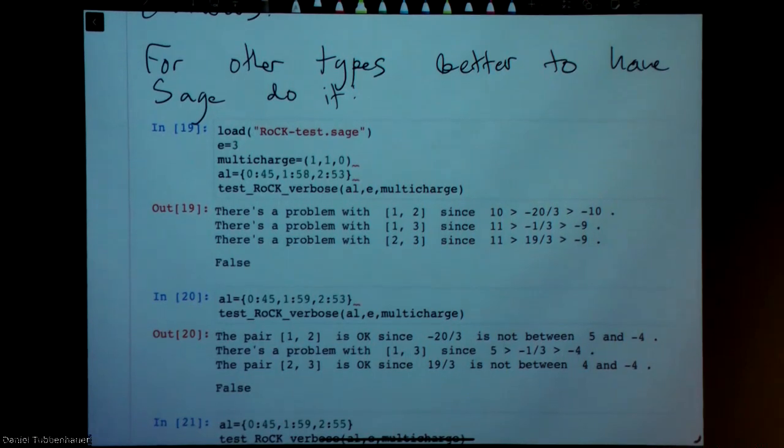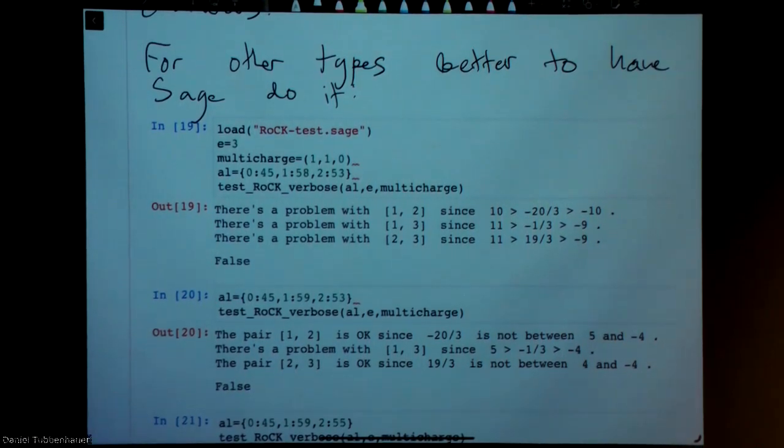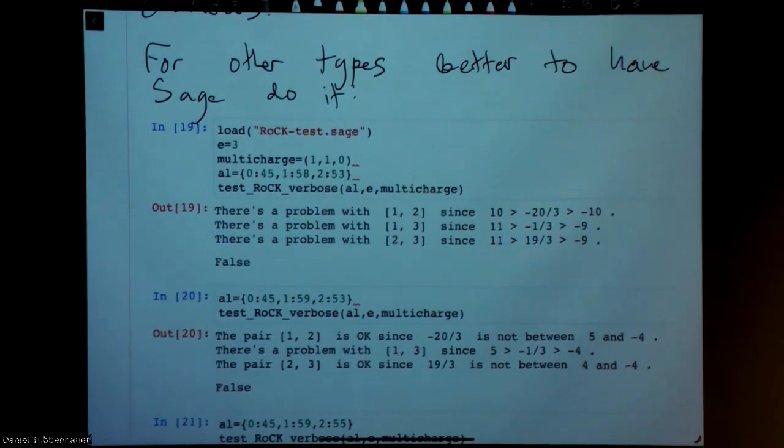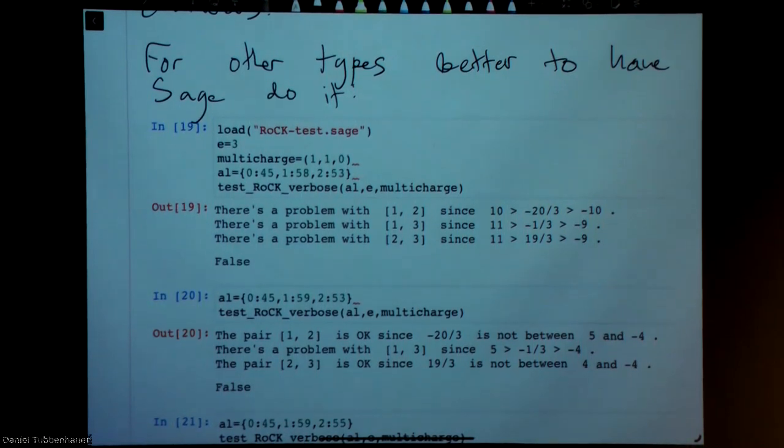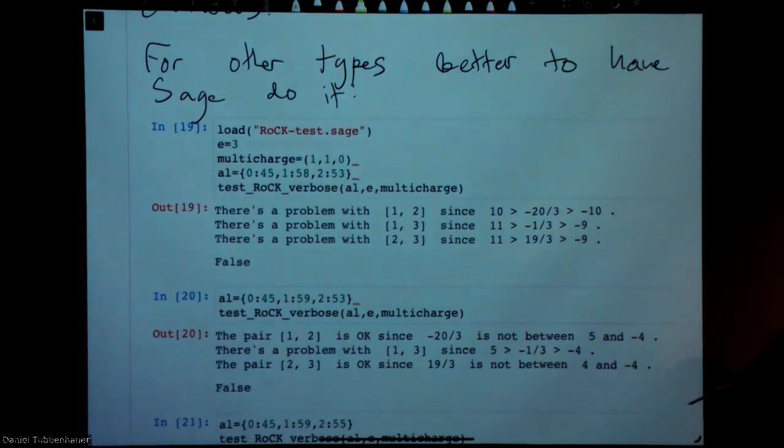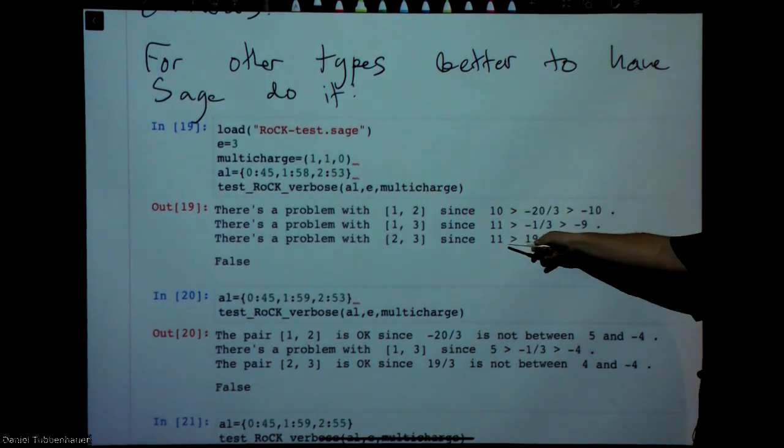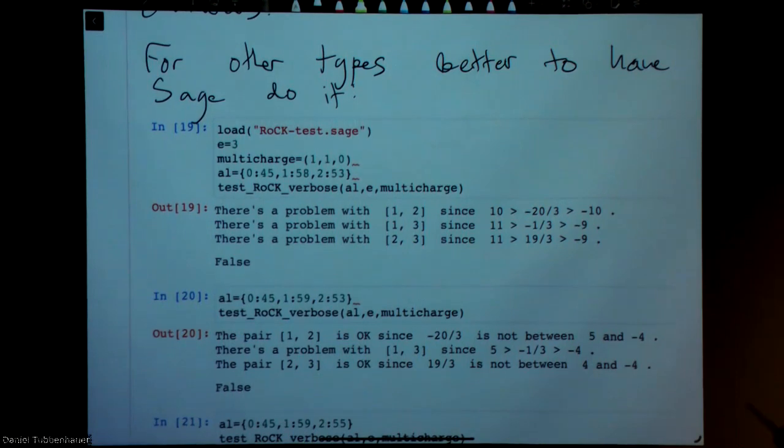So again, this would be totally impossible to enumerate by hand. There is no way you would consider doing this. But because we think about things in terms of SL3 hat, it just turns into simple inequalities. And the computer, in half a second, works out whether this guy is RoCK.